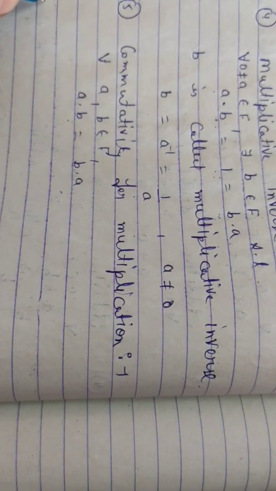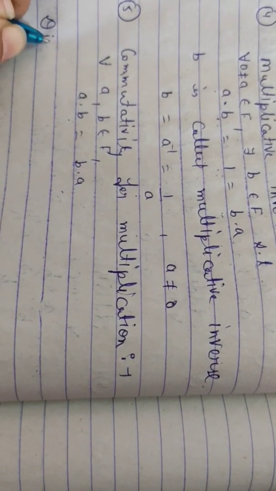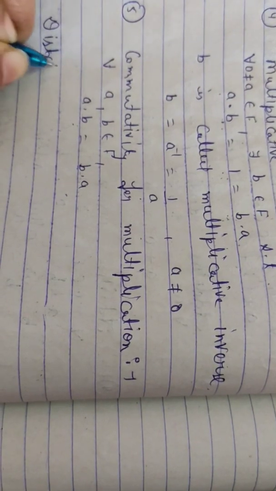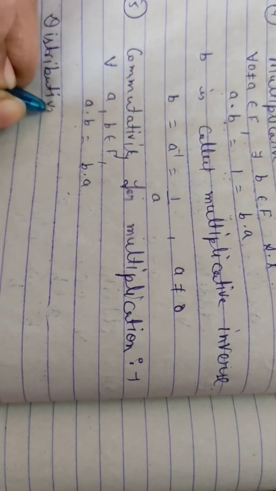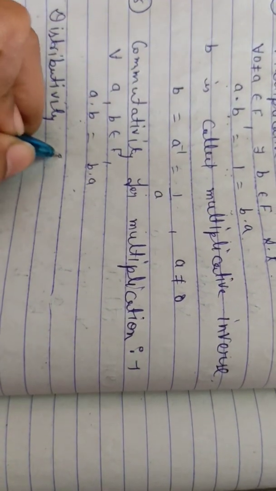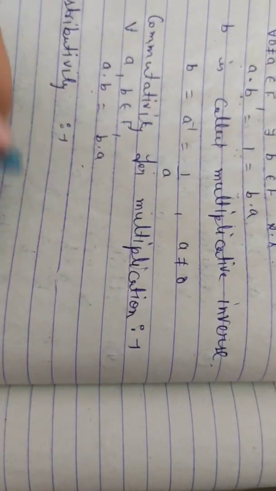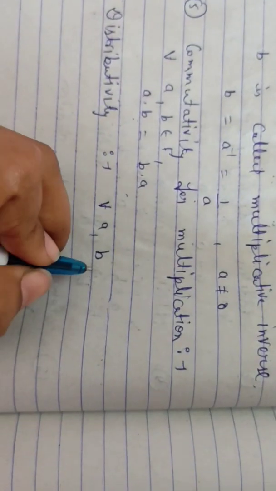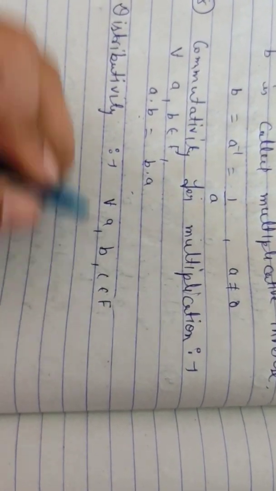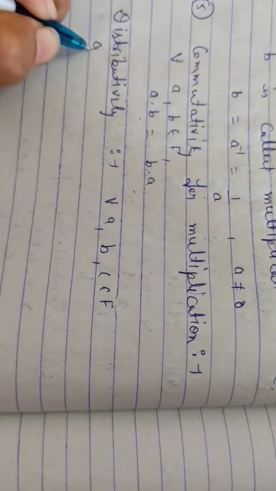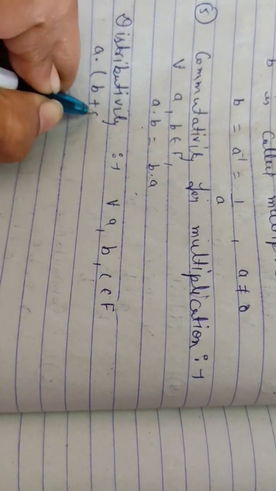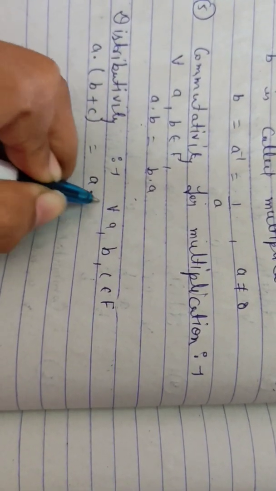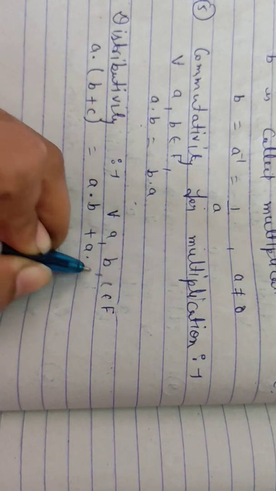Our last is distributivity. For each a, b, c element of F, a · (b + c) is equal to a · b + a · c.